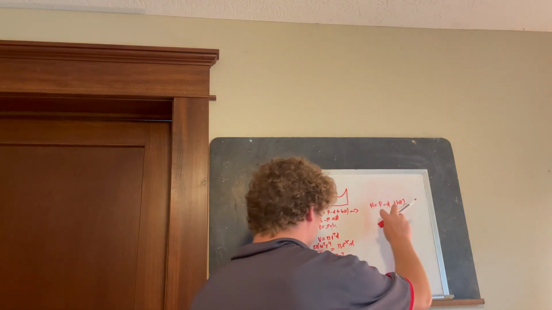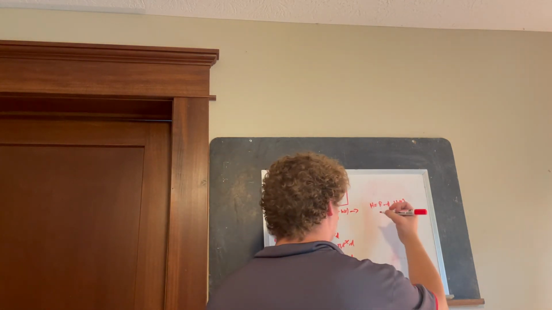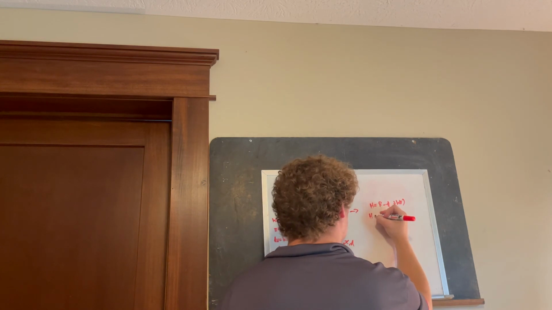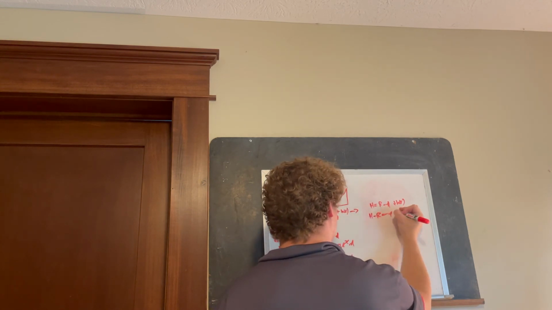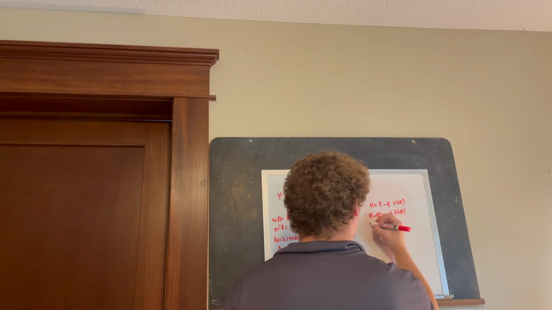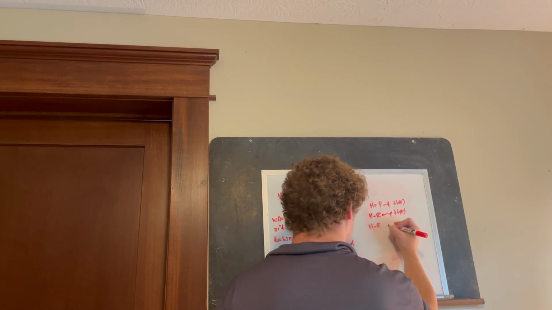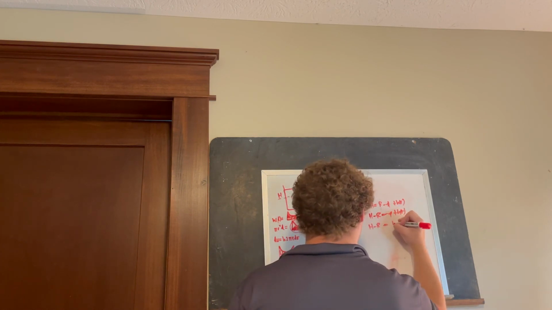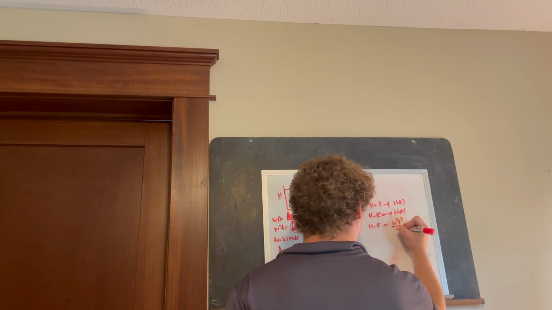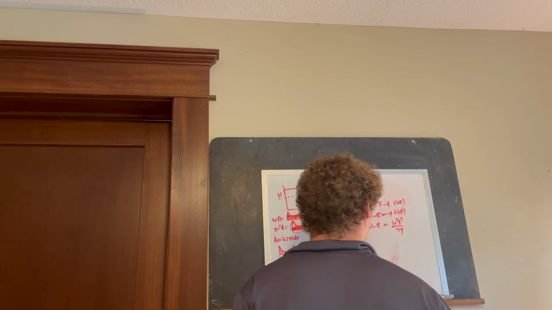So it doesn't really matter what the r looks like, because they're equal. So from here we can get h minus r equal to minus d plus hr. So now we know that d is this, and that canceled.